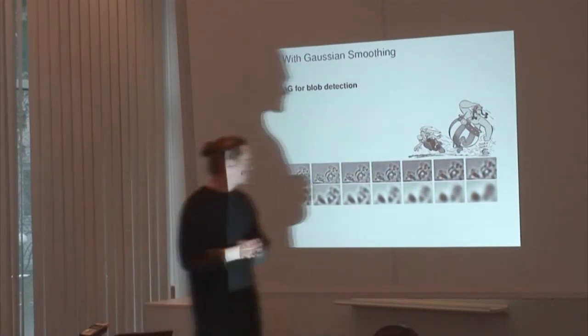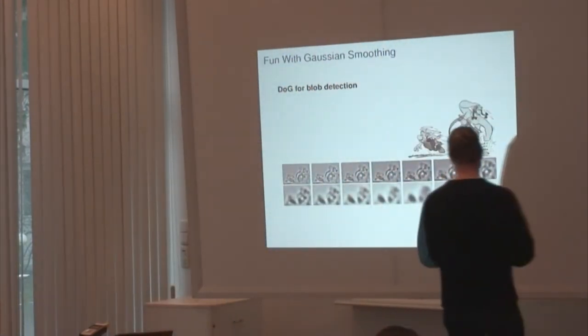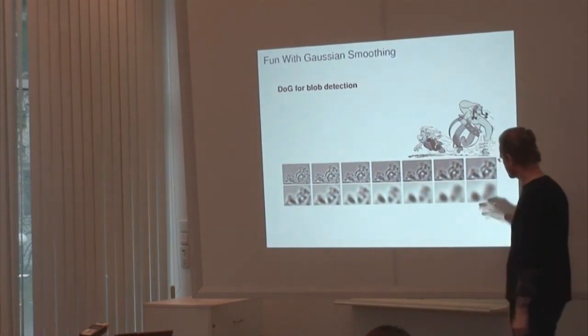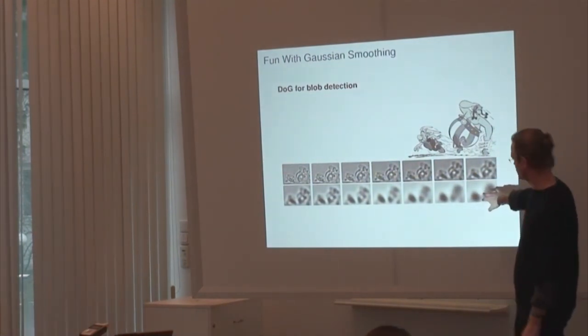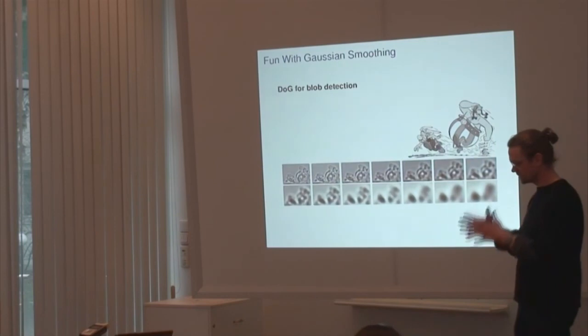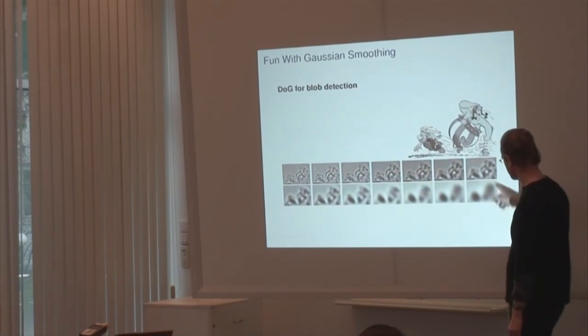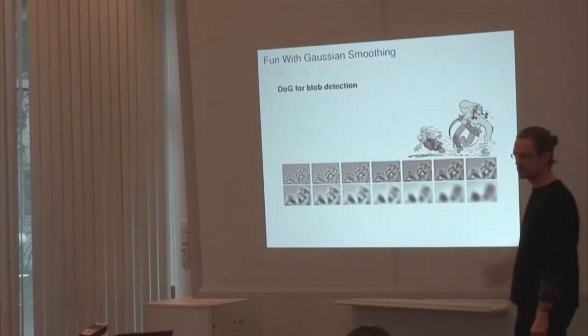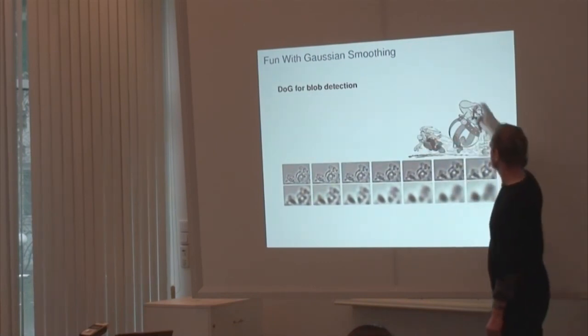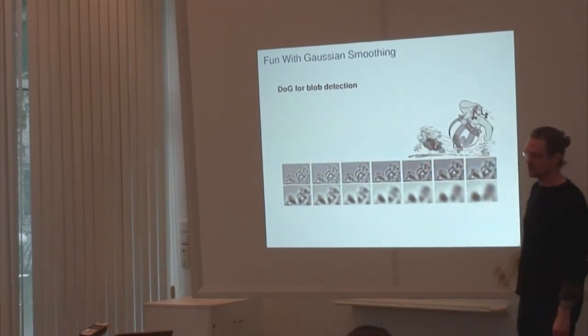So, for instance, let's look at this, the result of the subtraction of 2 severely blurred Gaussians. We have a dark blob here and some dark blob here. What are these 2 things? It is this one and this one, right?